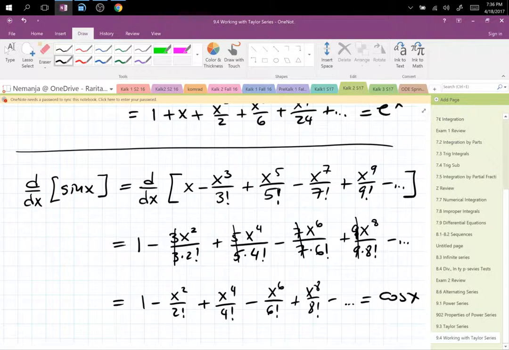Yes? You were saying, like, this is more of a conceptual thing than just very specific. You're saying that if someone asks you what is the derivative of sine x equals cosine x, show them this. Well, this is one of the proofs to show.